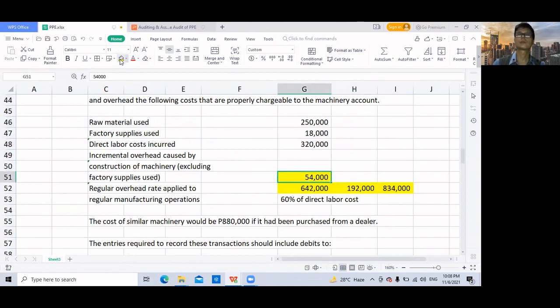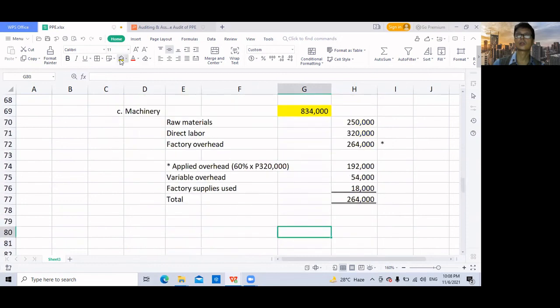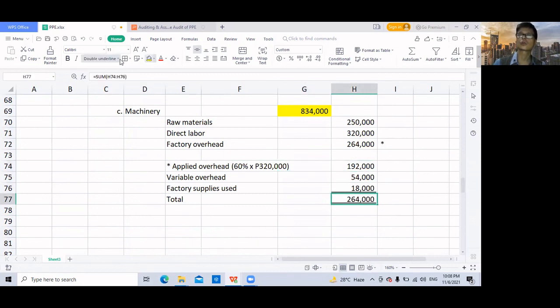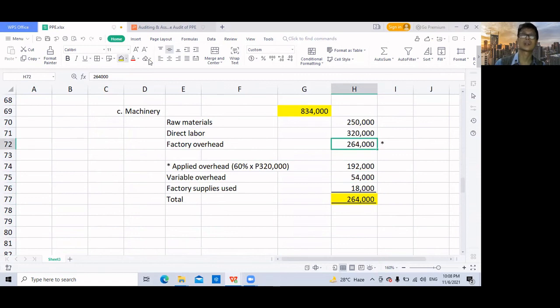Tapos yung 18,000 in addition dun sa 60% of 320. Okay, yung applied overhead, no? So 192. So for a total of 264,000. So that is the entry for letter C.